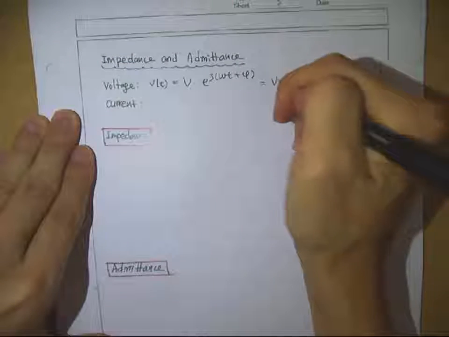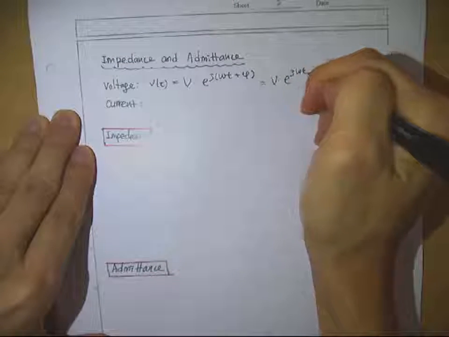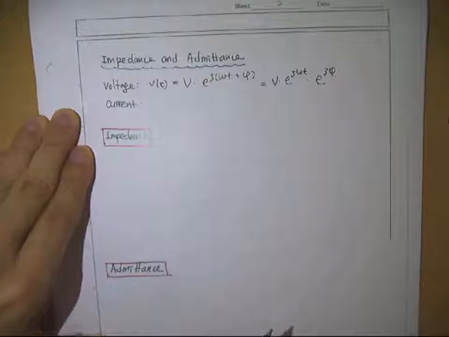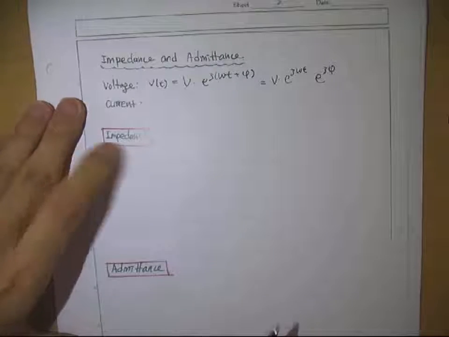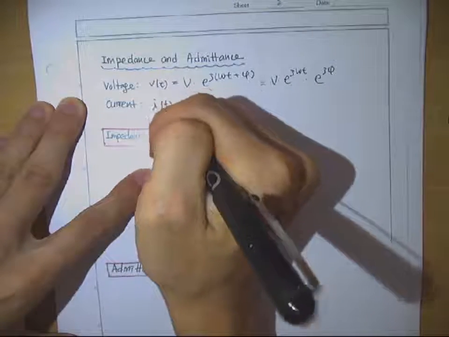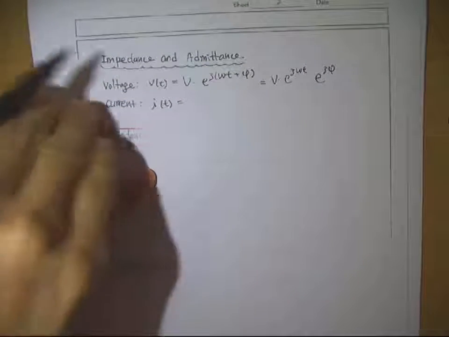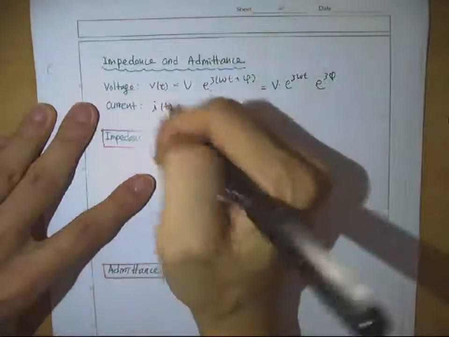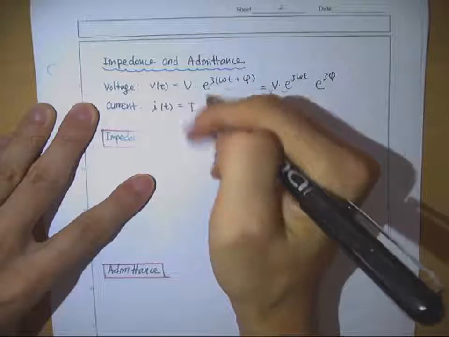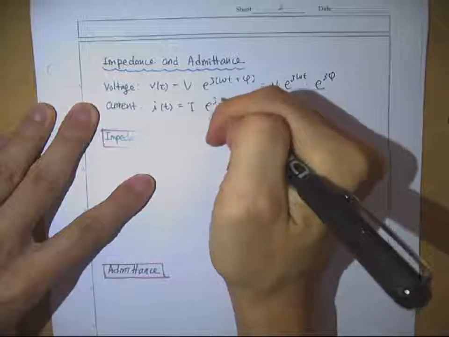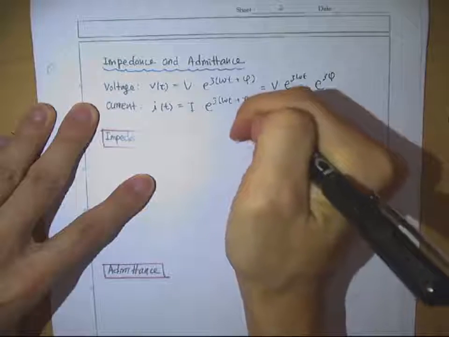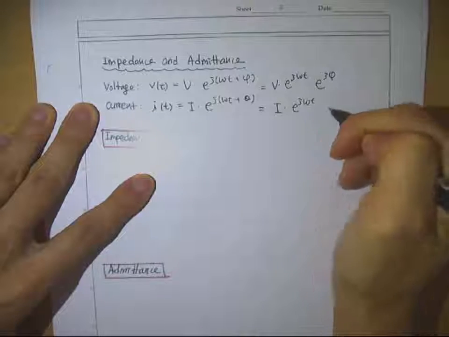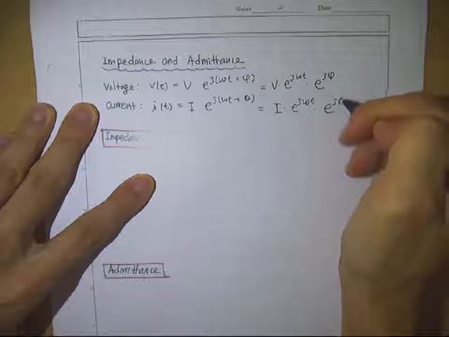Then we can split into e to the j omega t times e to the j phi, right? And also the corresponding current. So current is driven by this voltage. The current is the result of the applied voltage, and the current will have the amplitude I, and also e to the j omega t plus theta. So I times e to the j omega t times e to the j theta.